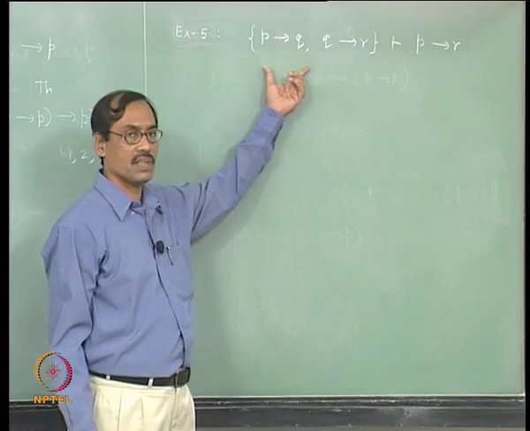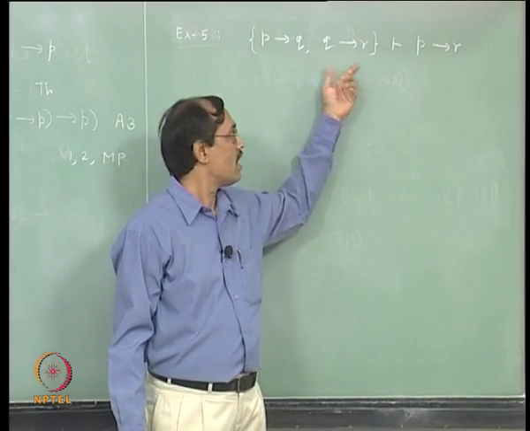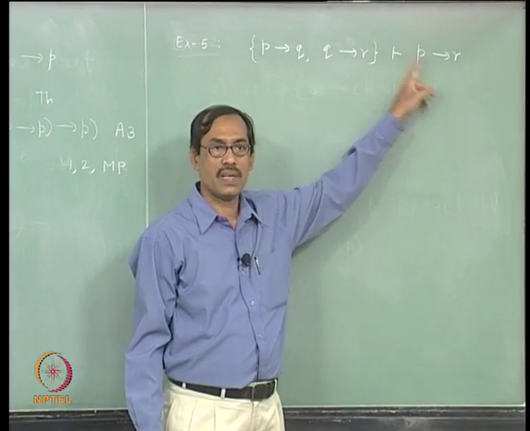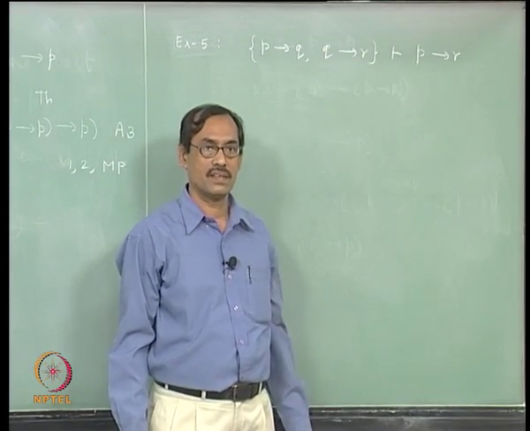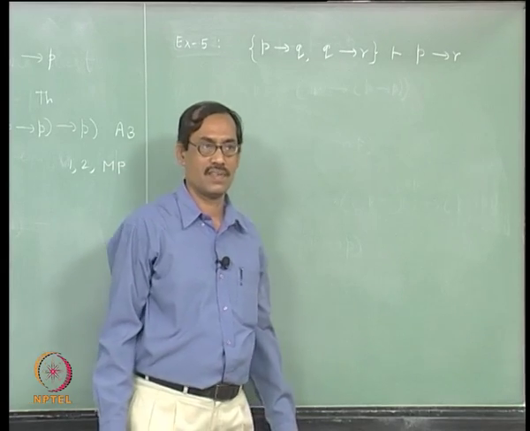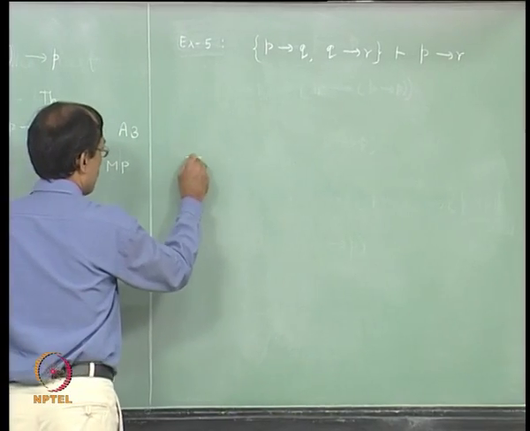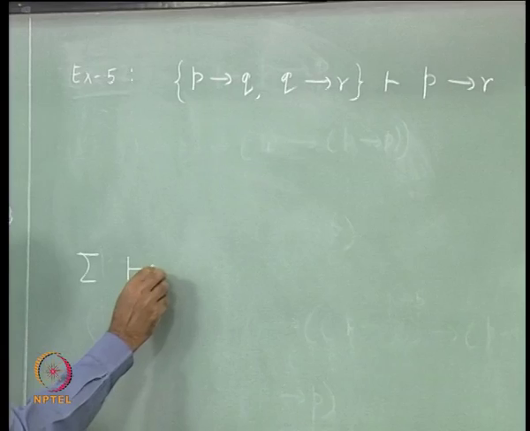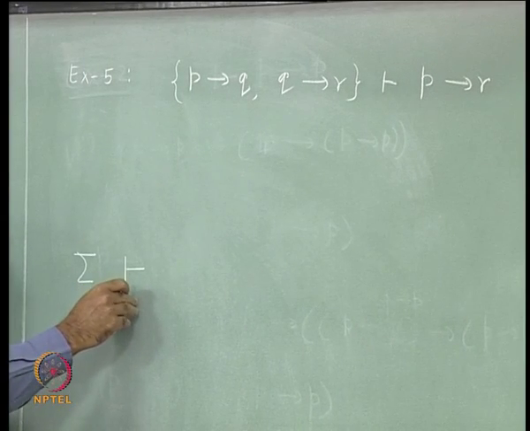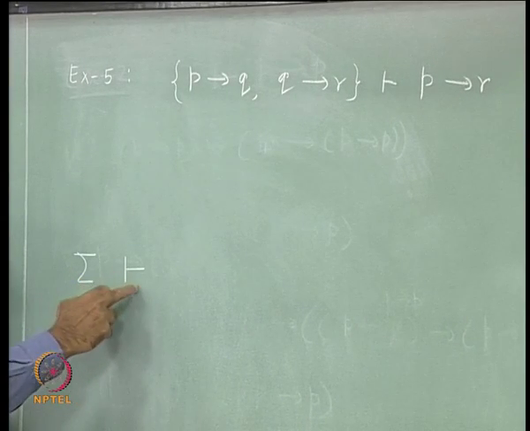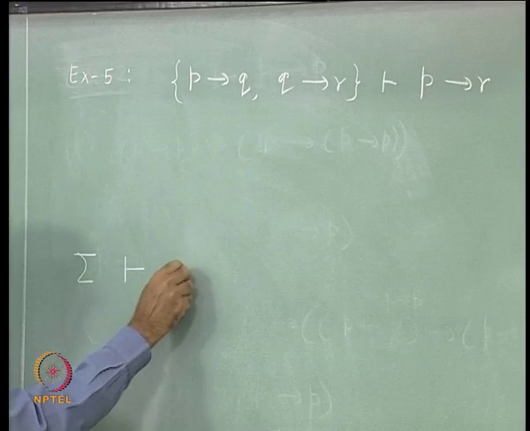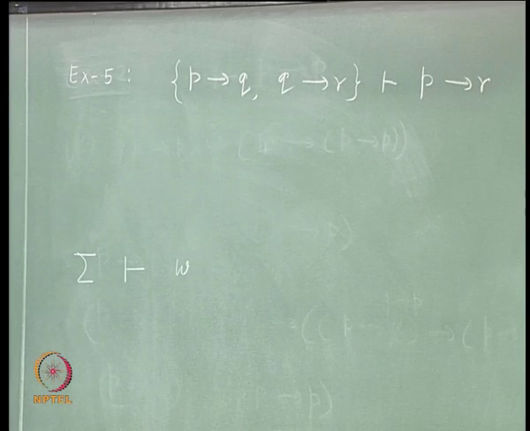So, here is a consequence: you have a set and then another proposition, and we are using the same symbol as in theorem mode. So, we write sigma; we have to read it somehow, right. We will say sigma syntactically entails W, because there is no semantics now, the other one is semantic entailment.